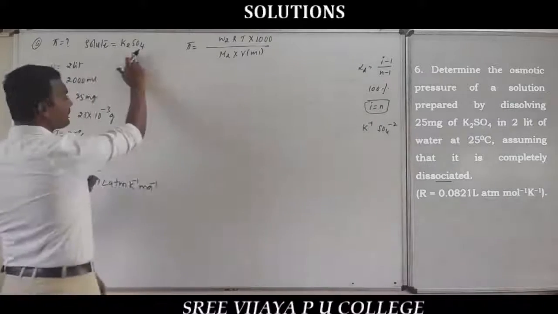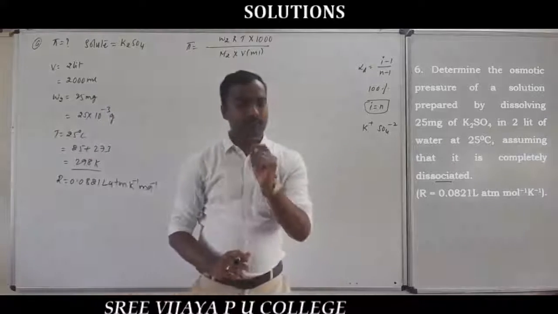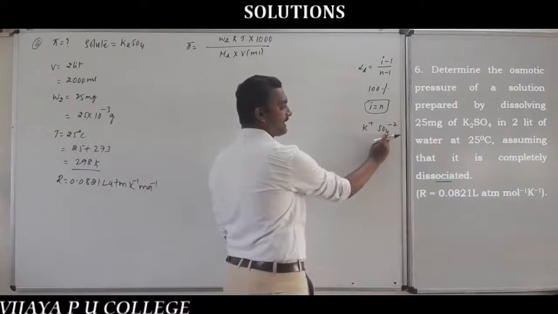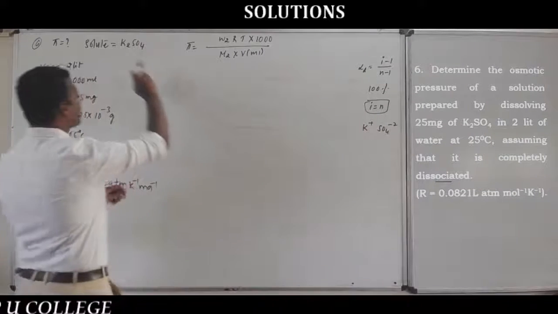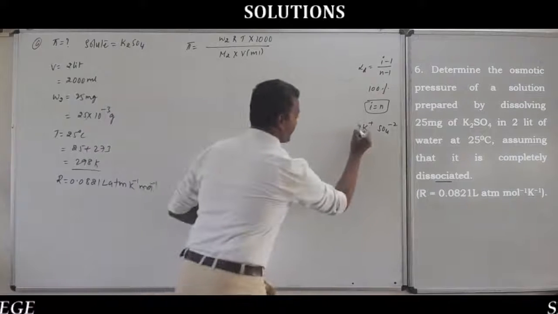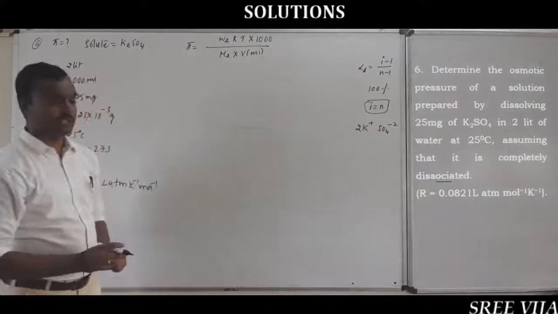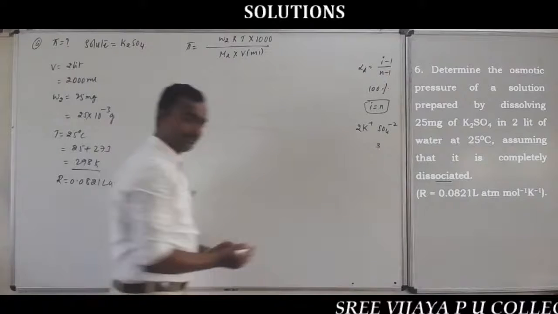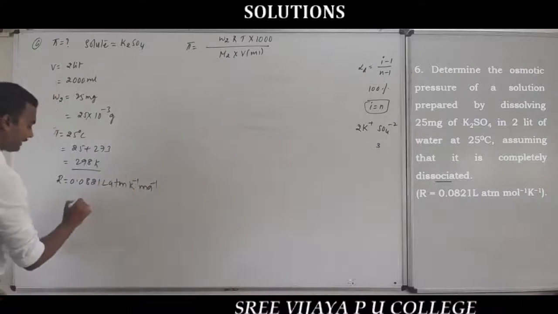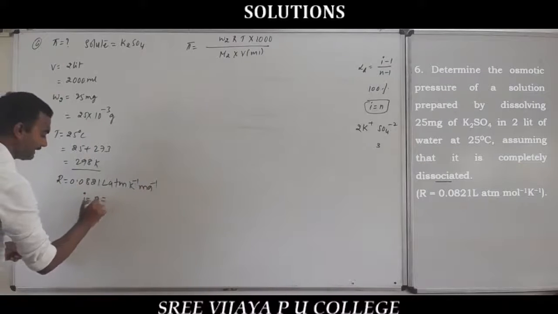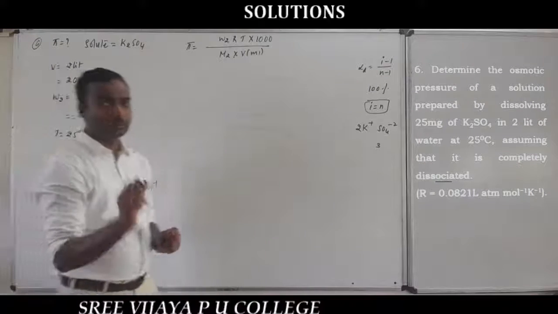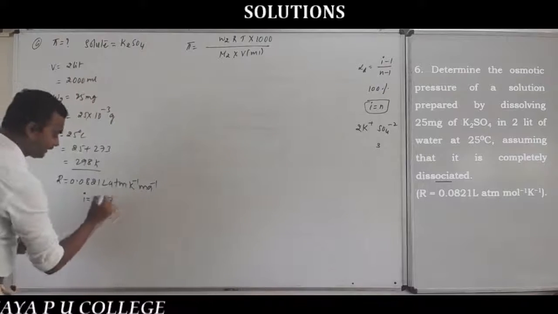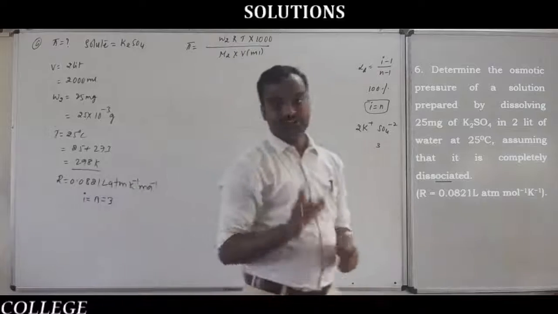When potassium sulfate undergoes dissociation, 2K plus is obtained and one SO4 2 minus ion. Total number of particles is 3 ions. So i is equal to n, where n is the number of particles obtained after dissociation, that is 3. I value is equal to 3.